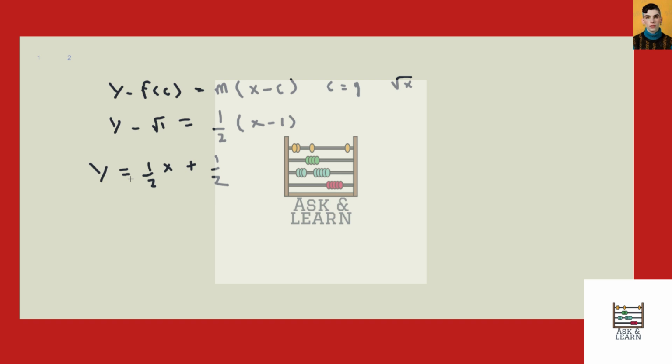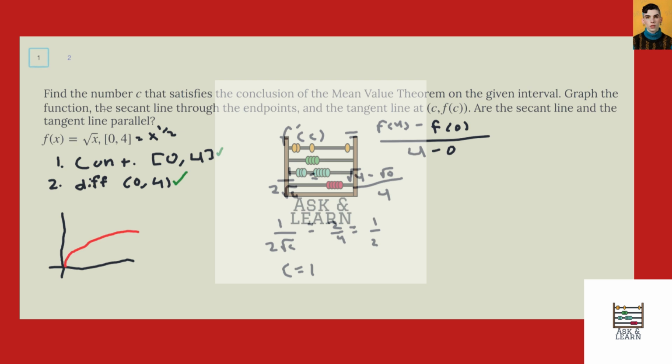Now we're going to find the secant line. The secant line is also very similar. All we have to do is the same exact thing, the point slope formula. It'll be y minus f of 0, and then we calculate the slope. We're just using 0, 0 as our one point, because in the point slope formula you can use either point. For simplicity, we're just going to use 0, 0, since that is on our interval.